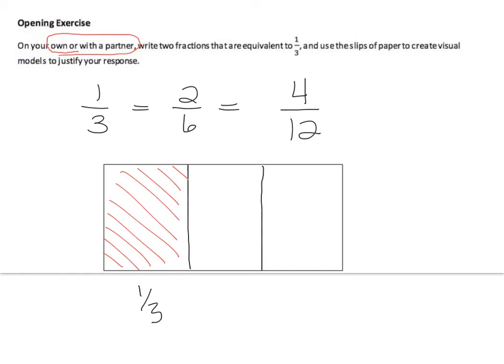If I take that same box and break it into 6 equal pieces and shade 2 of them, that's 2/6. So I've got 1/6 and 2/6. Now let's see if I can break that box into 12 equal pieces.